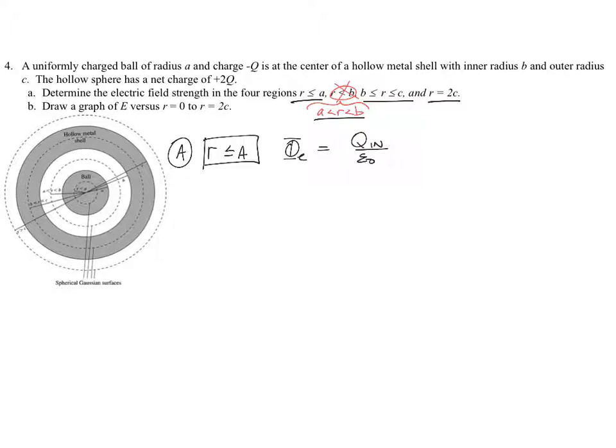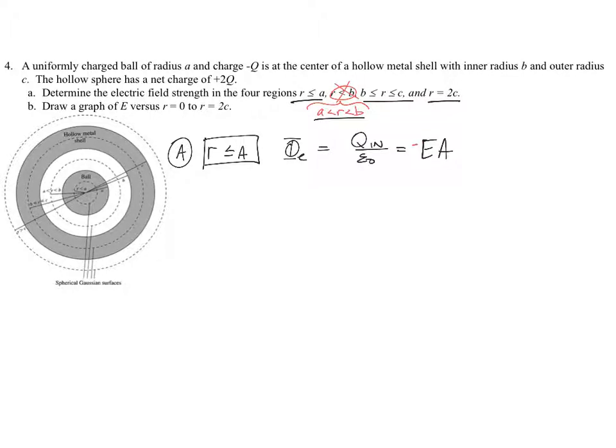And there's a minus Q charge at the center there. And so we can rightly deduce that this is also equal to EA, but it's going to be a minus EA because of the charge that we're dealing with.